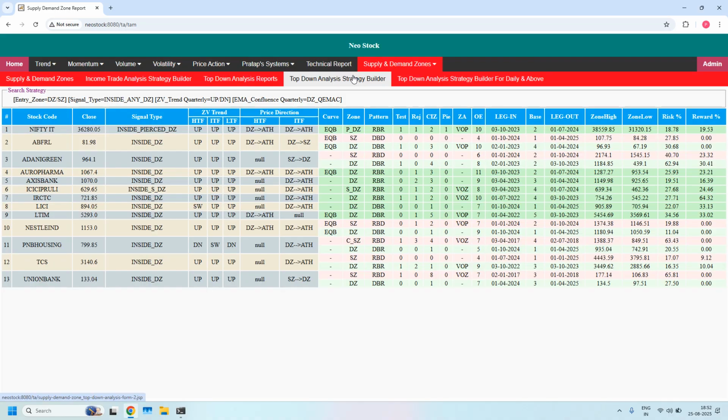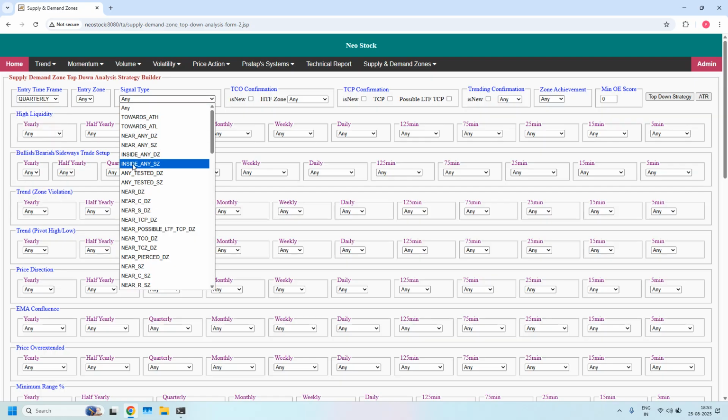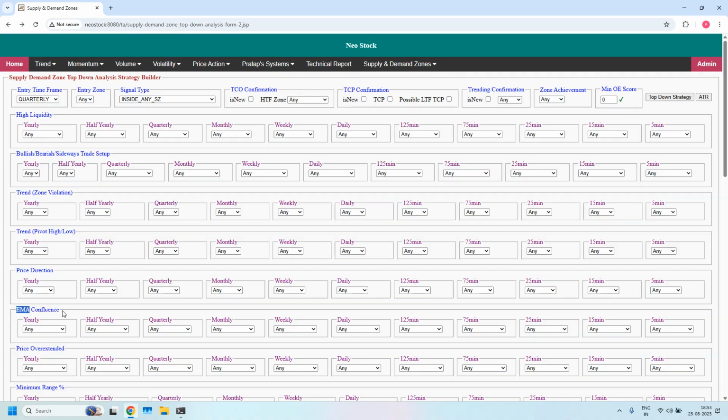Okay, next, price closed inside the quarterly supply zone. We got 12 stocks. We can further filter based on quarterly supply zone having quarterly EMA confluence. And also trend on the quarterly should not be sideways.